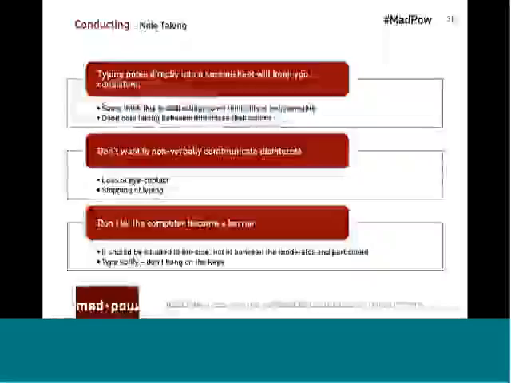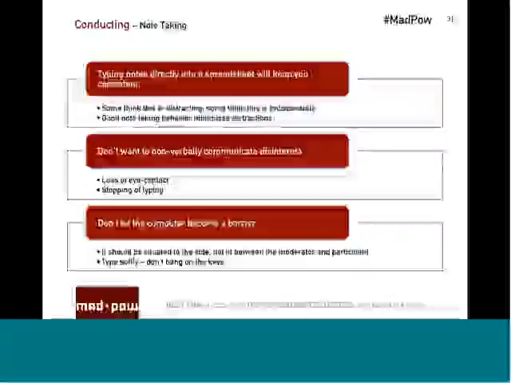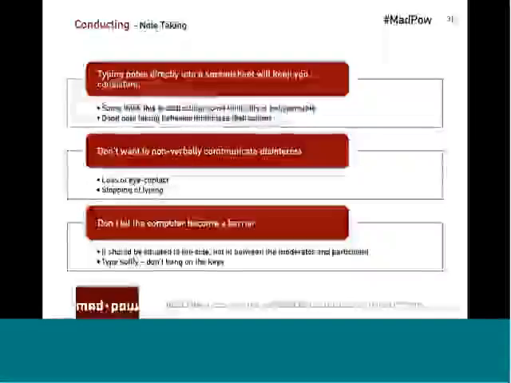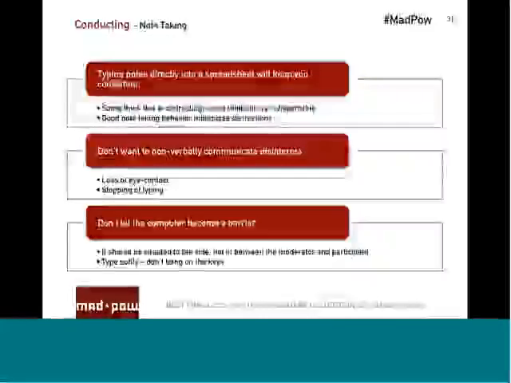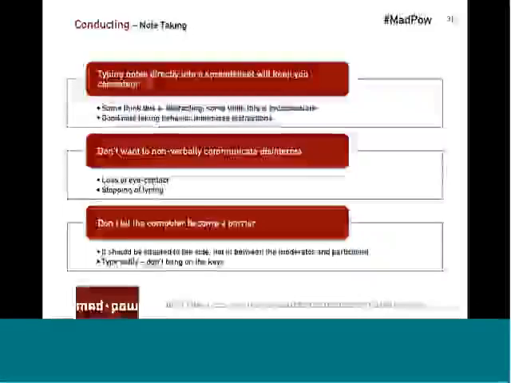We don't want to non-verbally communicate disinterest, and that's what happens when you start typing typically. You're looking down at your computer and typing away. You want to maintain eye contact as best you can, because eye contact indicates interest. Same with stopping typing. You stop typing, the participant's going to stop talking because they think you're no longer interested in what they're saying. Meanwhile, you could have been typing about something they said a minute ago.